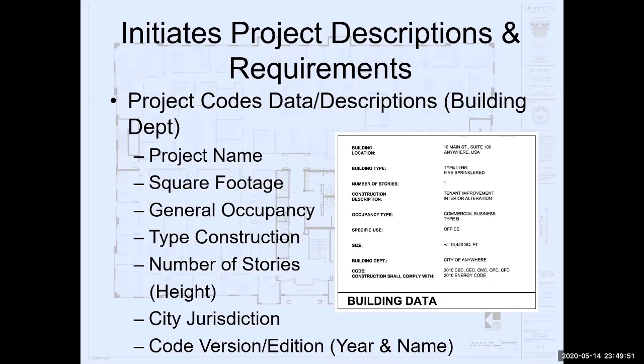Of course, if they're the building department, hopefully they know that it's in their city. And then the code version that's being provided. Now, as you can see here, this slide is old because it's listing a 2010 version. We're already up to 2019. And so that version of the code you'll want to update as you go through the information.